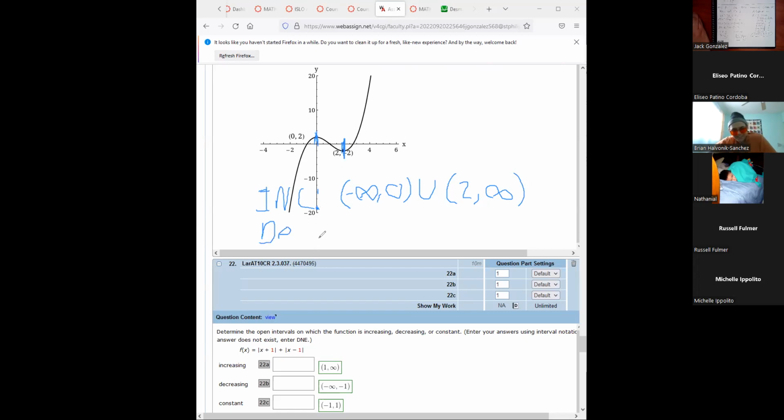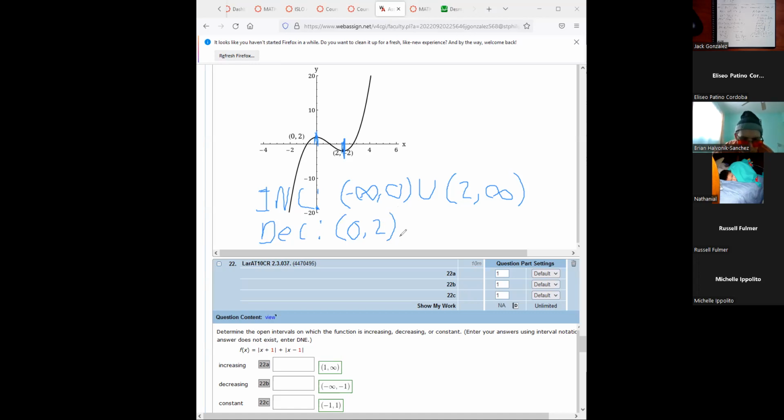Are there any questions about how we know visually where we are increasing or decreasing? So these are all going to be X values, right?